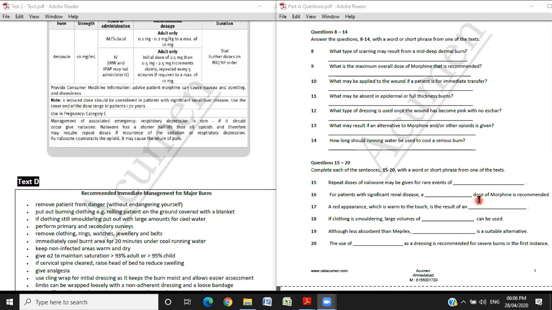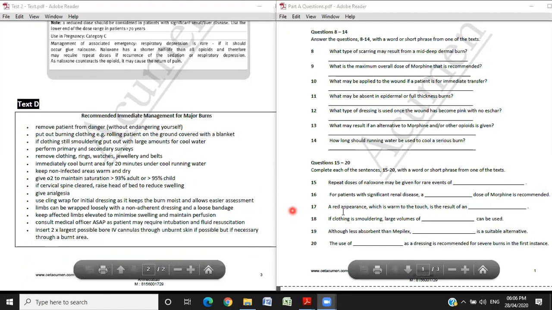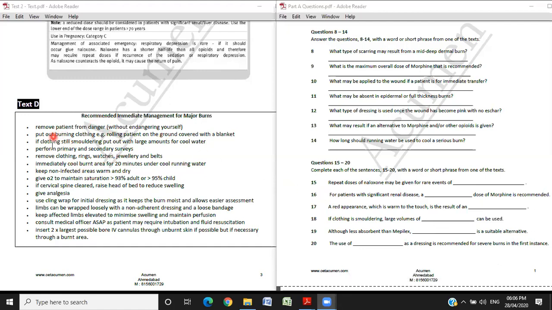A reduced. Then if the clothing is smoldering, large volumes of blank. So here we had some information about clothing. It says that if it is smoldering, if it is sticking, large volumes of cool water. Cool water, that's your answer for 18th.